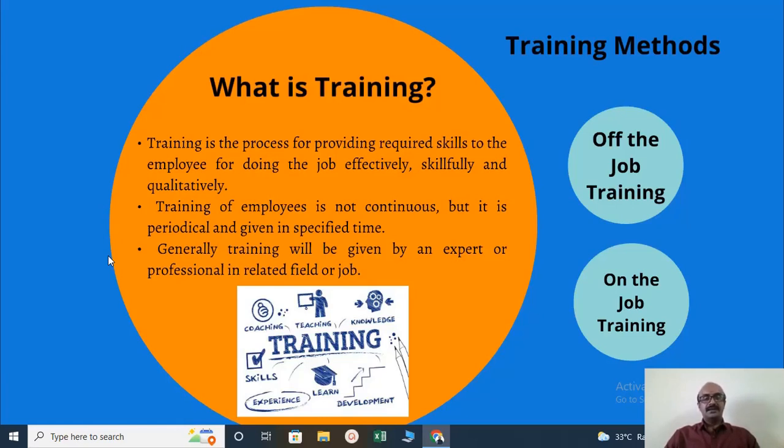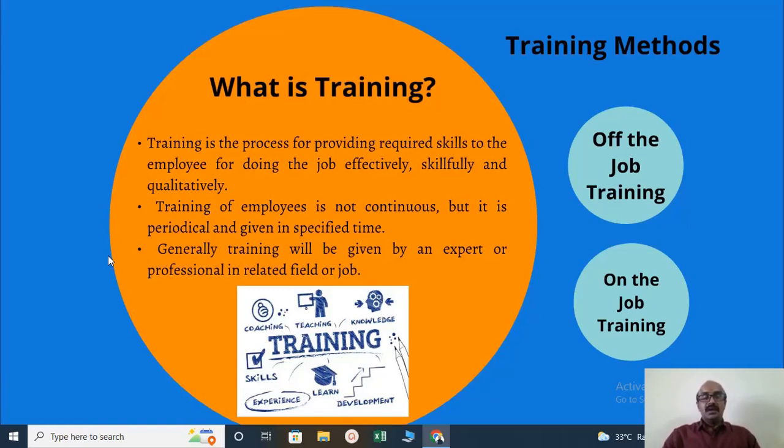Okay, next, the training of employees is not continuous, but periodical and given for a specified time. Do you think that training is a continuous process? No, it is not a continuous process but a periodical one, because a specific period of time is spent for a specific period of training.